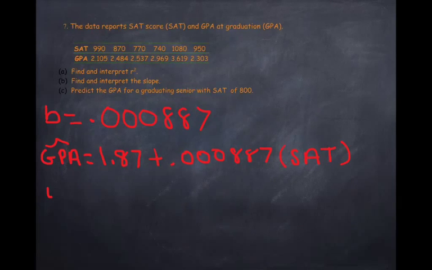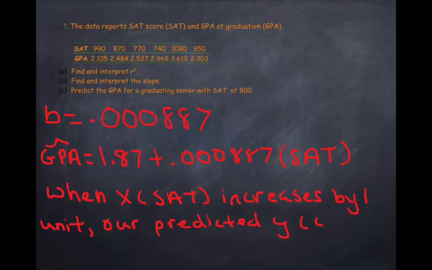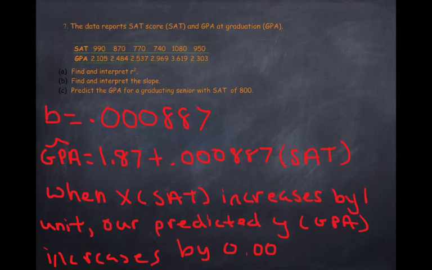And so what this is trying to say is that when X, or SAT, increases by 1 unit, our predicted y value, our GPA, is also going to increase by the amount of the slope, .000887.